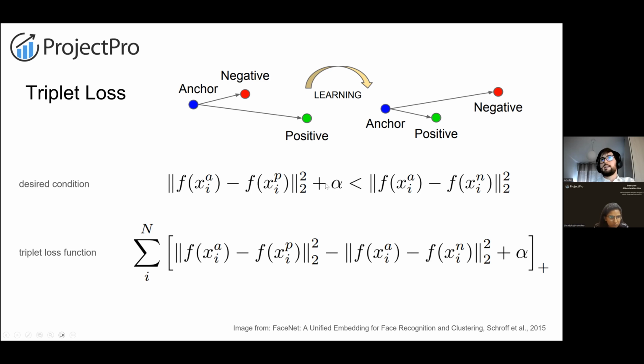We want to have a safety margin alpha between the two distances. In that way, the distance between the anchor and the positive could also be non-zero. And in that way, we can maintain some granularity in our definition of distance, of similarity, since we don't force all the similar images to be very close. This should simply be closer than the dissimilar ones. In that way, maybe the learning procedure could preserve some spatial structure, for example, between white shoes.